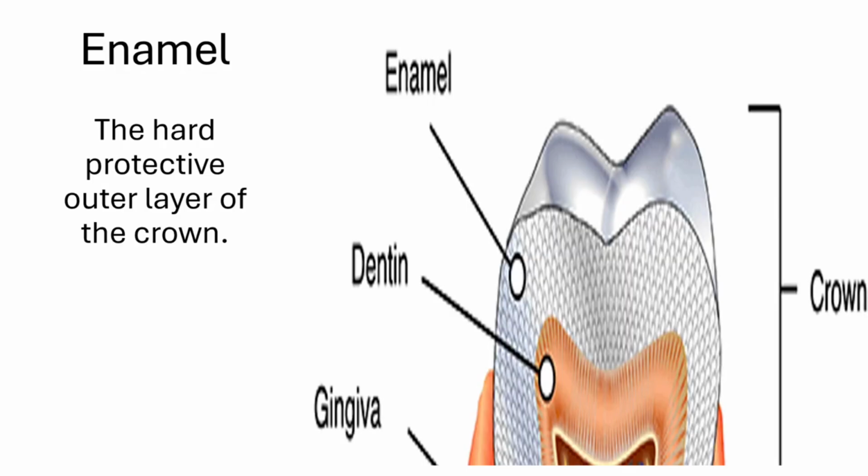Once enamel is lost due to decay, erosion, or wear, the body cannot grow it back like skin. However, very early mineral loss in enamel can sometimes be helped by remineralization, especially with fluoride, saliva, and good oral hygiene.